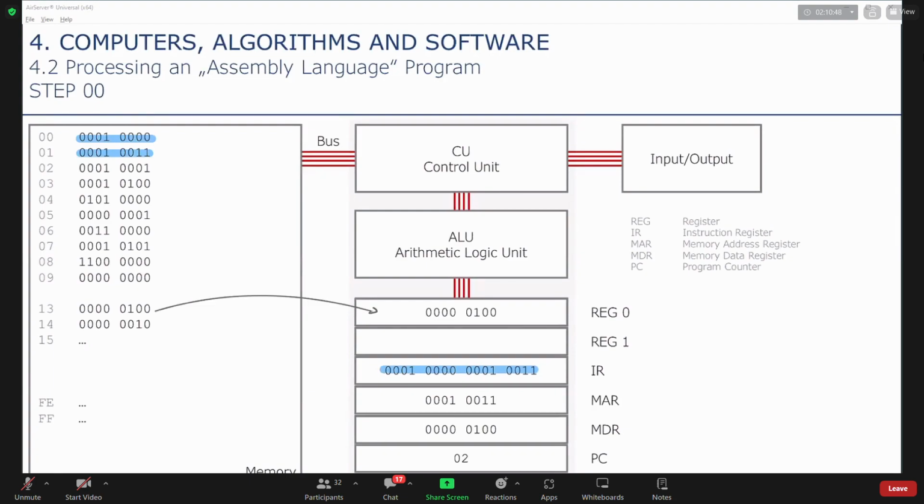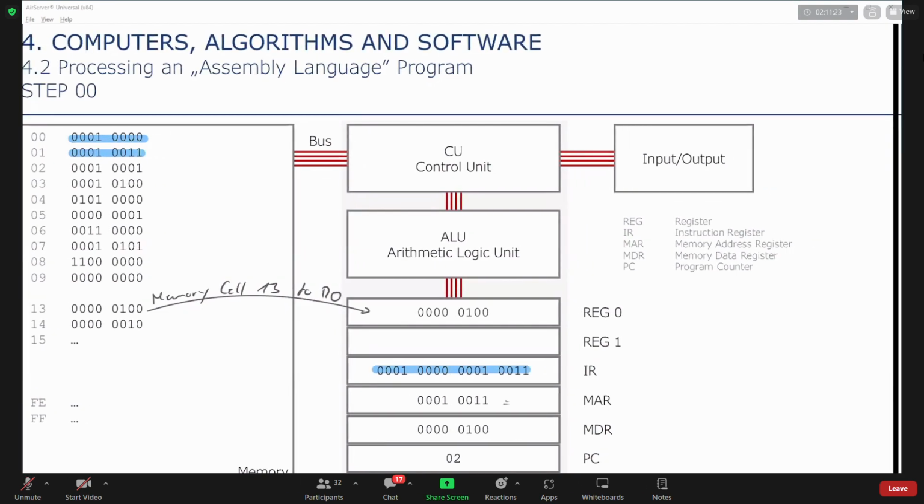So we are loading into register 0 what we have in memory cell 13. So that's memory cell 13 to register 0. In the memory address register, we have 0001 0011. So that's 13 here. Here we have the memory address register from where we have to load.